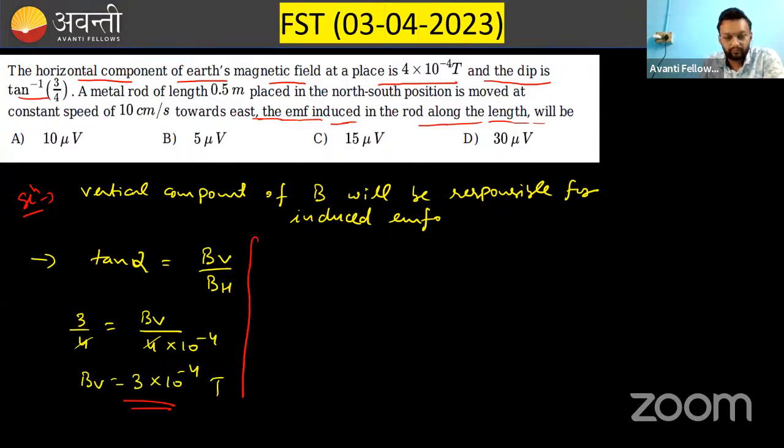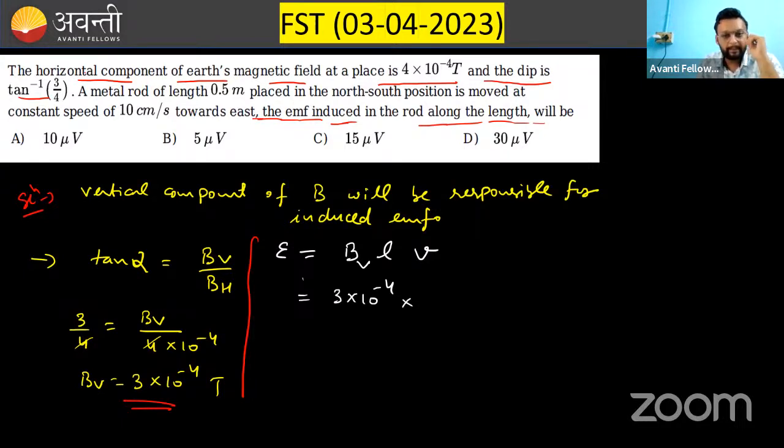Now, what will be the value of induced EMF? The motional EMF induced in any rod or wire is BLV. So B is what? Which component of magnetic field is to be used? Vertical component, that is BvLV. Put the values. Vertical component is 3 into 10 raised to the power minus 4.